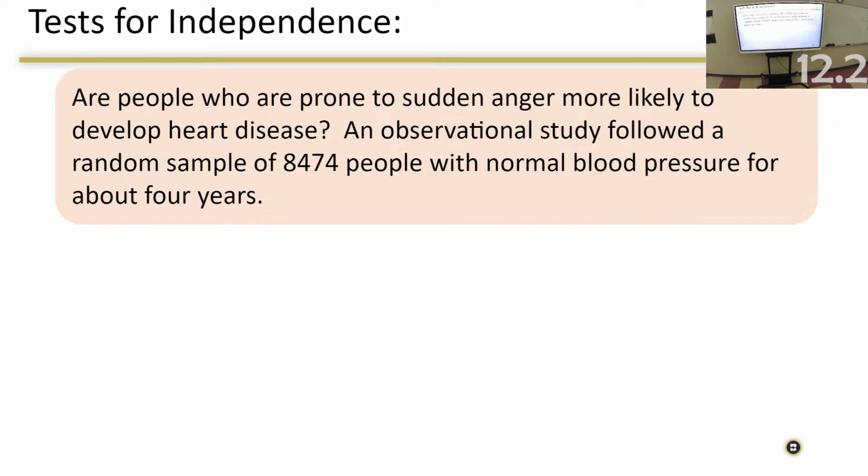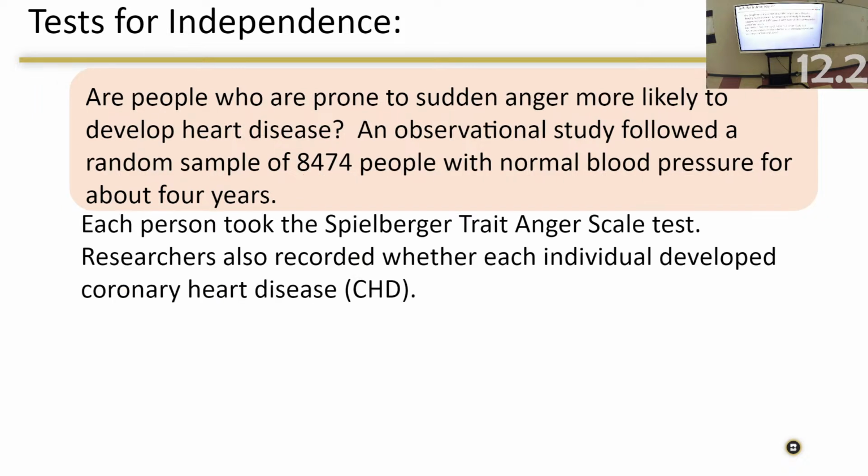Are people prone to sudden anger more likely to develop heart disease? An observational study followed a random sample of 74 people with normal blood pressure for 4 years. Each person took some type of scale test.